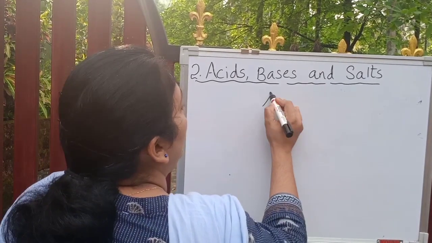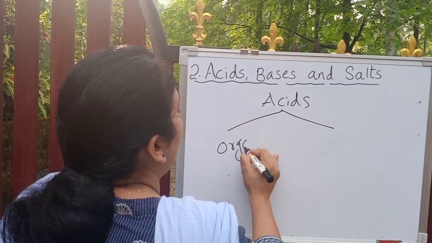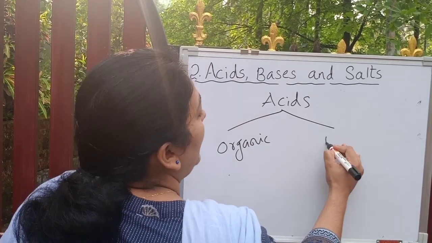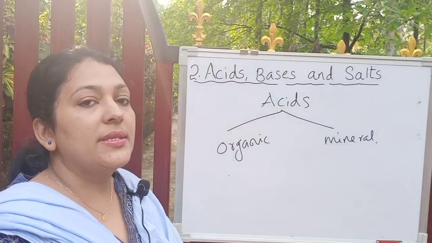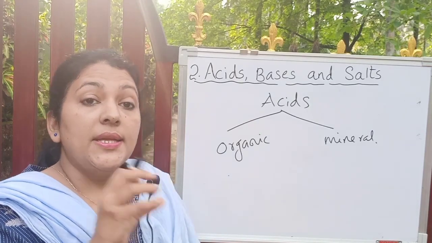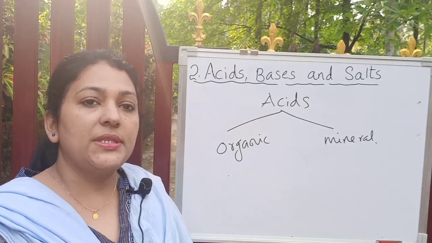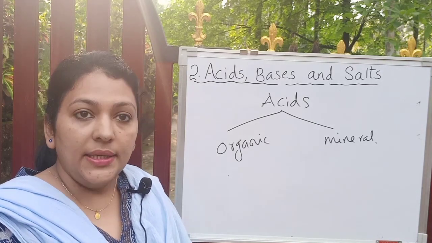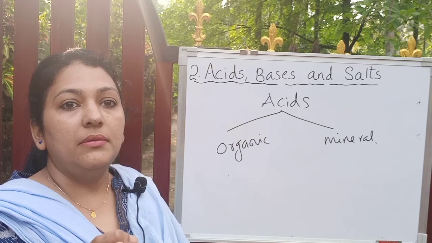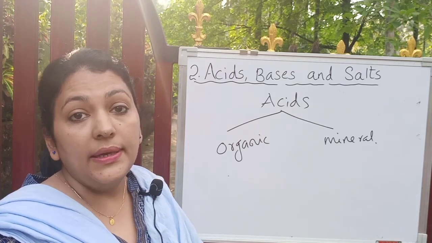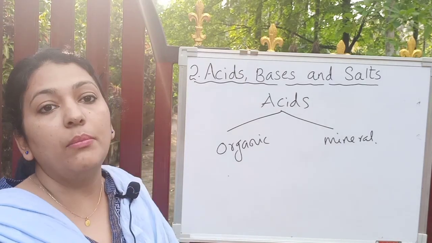Organic acids means these acids originate from plants and animals. Can you tell me some examples? Yes, exactly. Lemon contains citric acid, tomato has malic acid, curd has lactic acid, or even ants contain formic acid. So all of them are examples of organic acids.